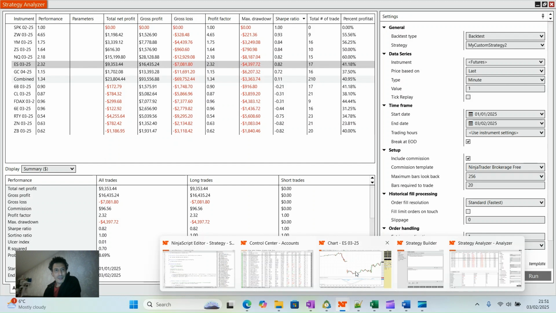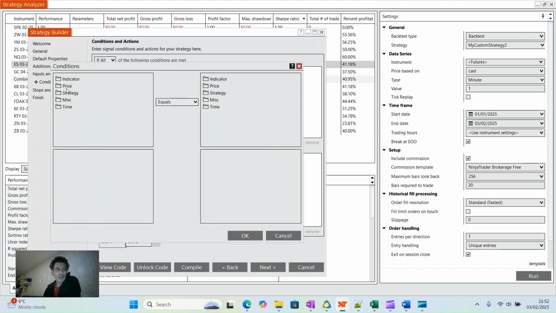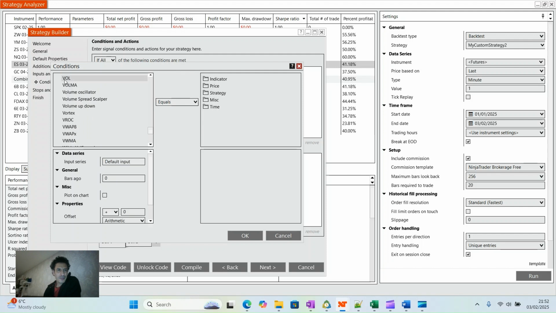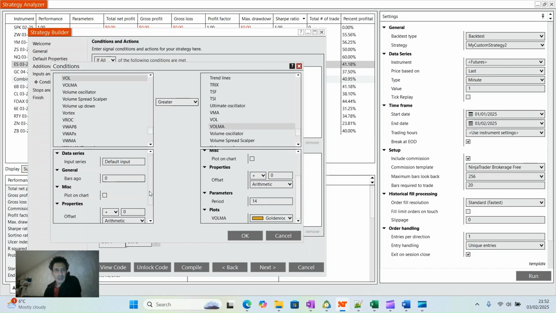Okay, I'm going to go back now to my strategy. What I'm going to do here is filter things. Basically, I'm going to add a volume condition. I want my volume to be greater than the volume MA, which is an average of the volume.